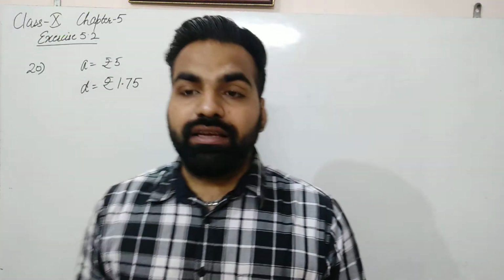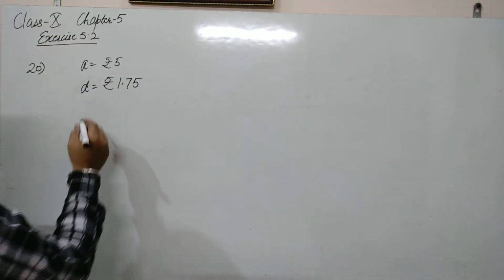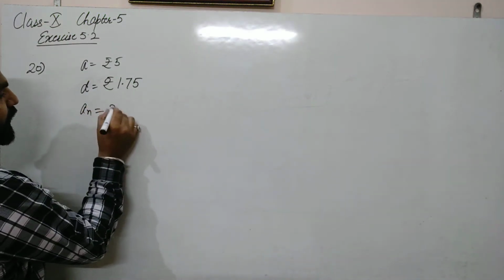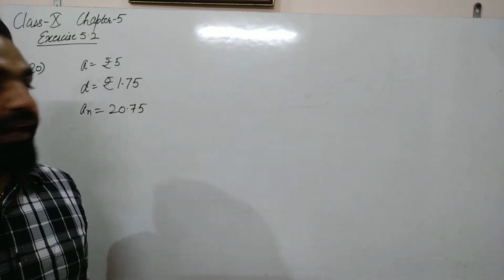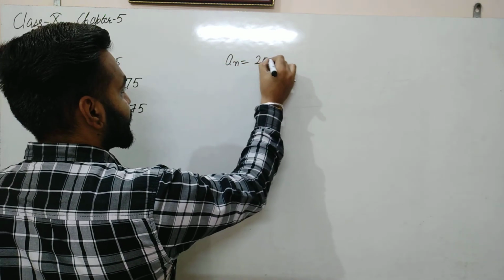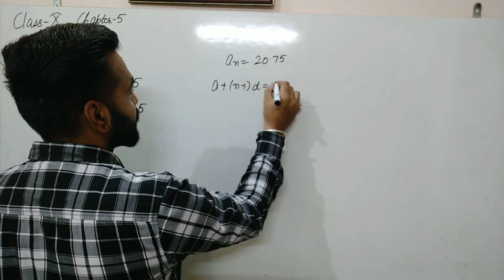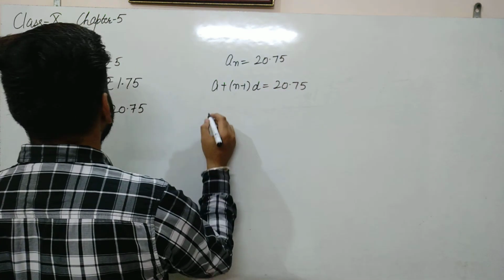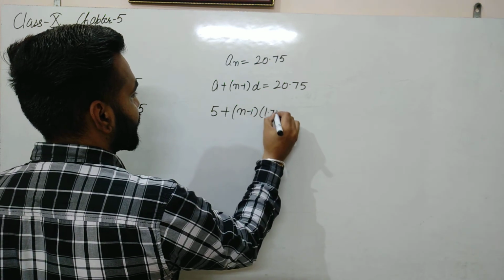So it is given that after n weeks her savings become rupees 20.75. So let An is equal to 20.75. So we will basically find the value of n here. So An is equal to 20.75. Put value of A plus n minus 1 into D is 20.75. A is 5, n minus 1 into 1.75.